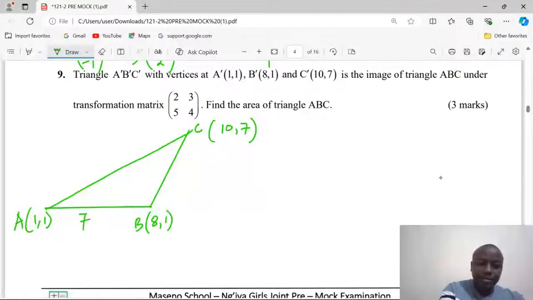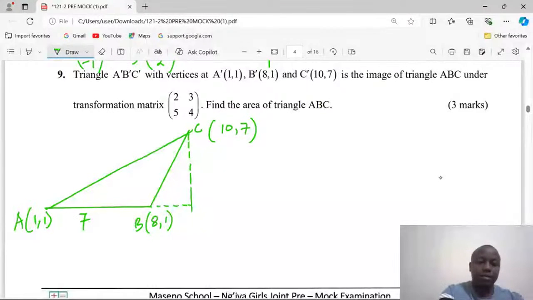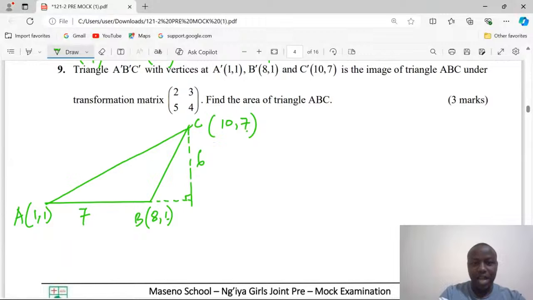And again, from B to where C is, if I consider the y coordinates, now I'll be having from y equals 1 to y equals 7. That is going to be 6 units. So the perpendicular height for this triangle will be 6 units.